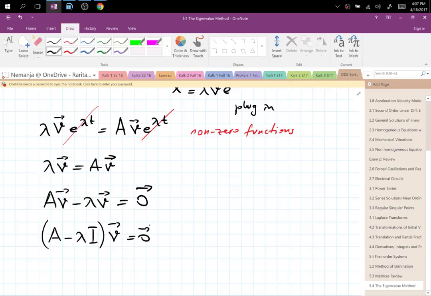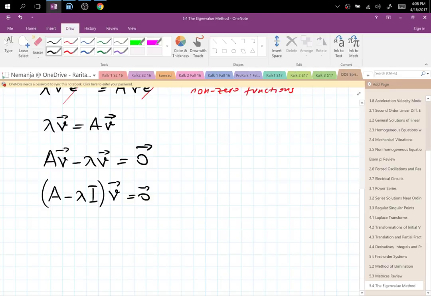So now that you have this, you can take the determinant, because vector v is a non-zero vector, which means that A minus lambda I must be equal to 0.